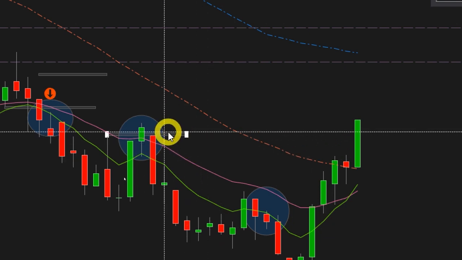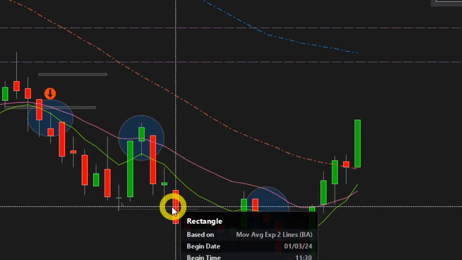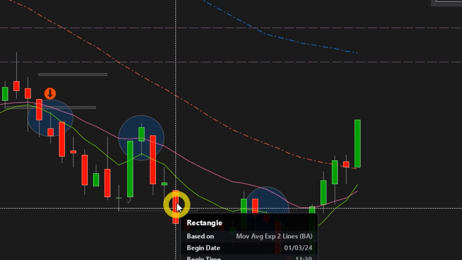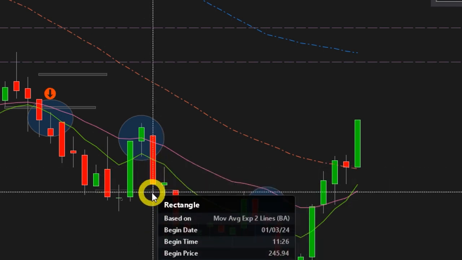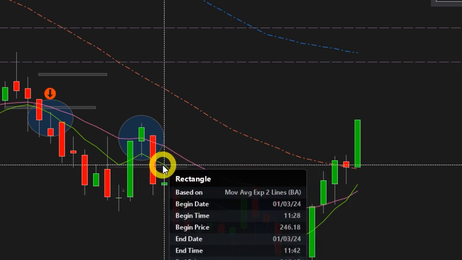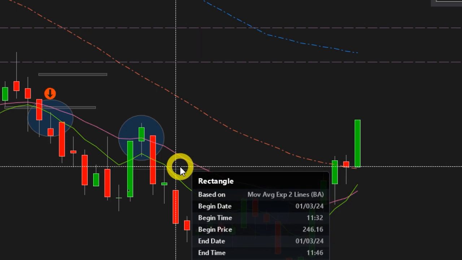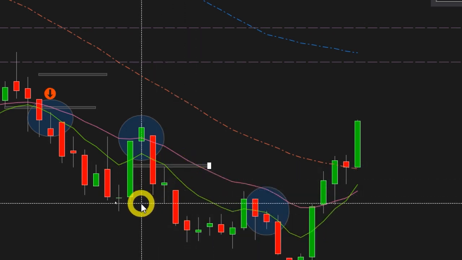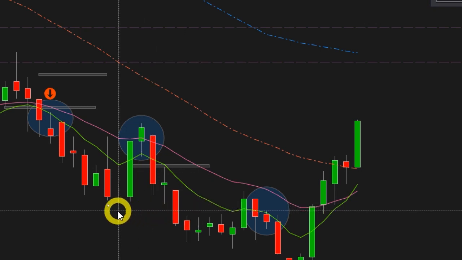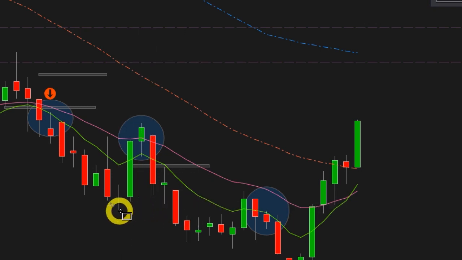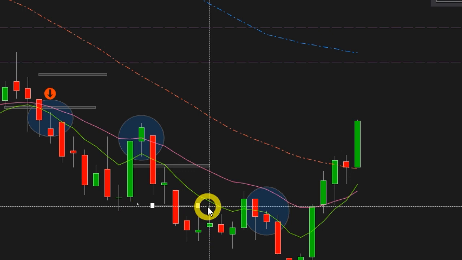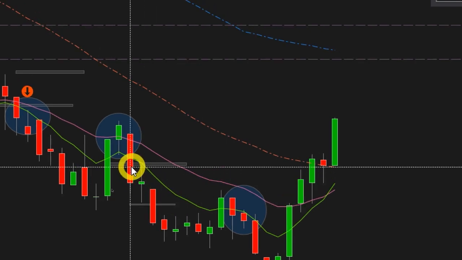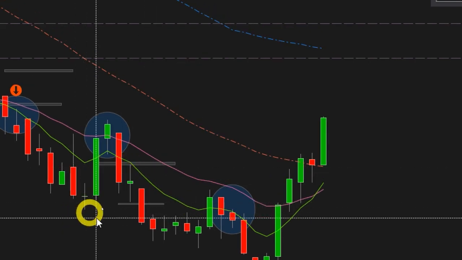However, if I'm looking for some kind of a breakdown down here, and I think it's going to break down, especially when this doji closes below the 8, I could use that as my stop loss and try to short somewhere in the breakdown at this point. I probably would do it below that candle, below the doji though, instead of waiting for this doji.